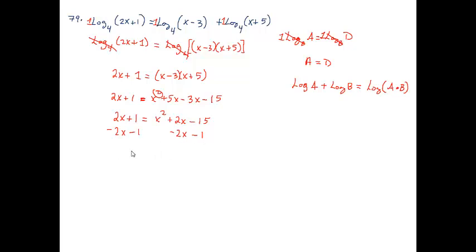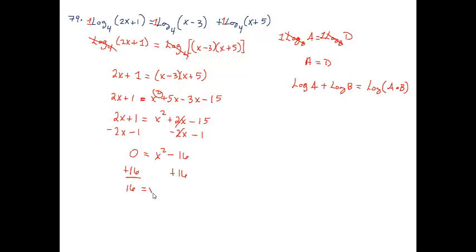And you end up with 0 on the left side, x squared, well, these cancel each other out, minus 16. So you can either factor it, or since the middle term canceled out, you can graph and find the x-intercepts. You can also just add 16 on both sides since the middle term is gone.